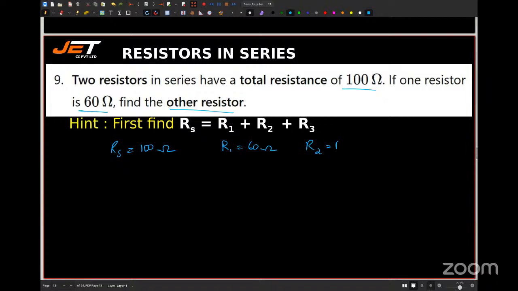Let's say R2 equals R. So 100 equals 60 plus R. Simple. Why? Because RS is equal to R1 plus R2. So R equals 100 minus 60. R2 will be 40 ohms. Don't forget to write the units because sometimes they can ask in kilo ohms, which you have to remember very much. So that is very important. If you forget that, the answer will be wrong, even if your method is correct.